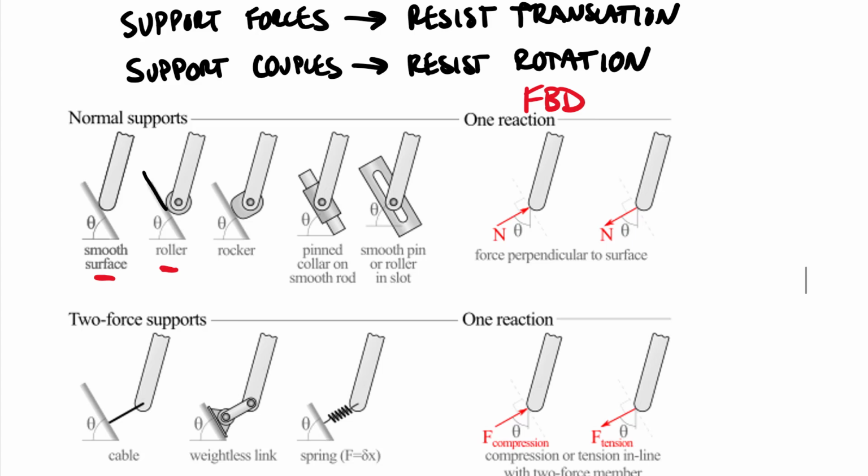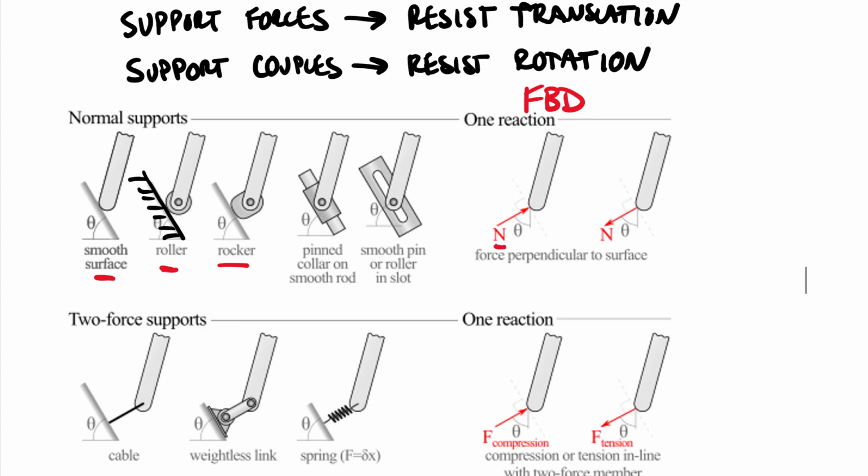Now realize that all of these are drawn, and I know sometimes in my hand sketches I put some hash marks here. So this is like your surface that it's rolling along. And it turns out that rockers and rollers, fittingly, both have the same kind of support forces, that single normal force perpendicular to the surface. Additionally, a pinned collar on a smooth rod acts just the same way as a smooth pin or roller inside of a slot. Okay, any of these 5 provide one single normal force.